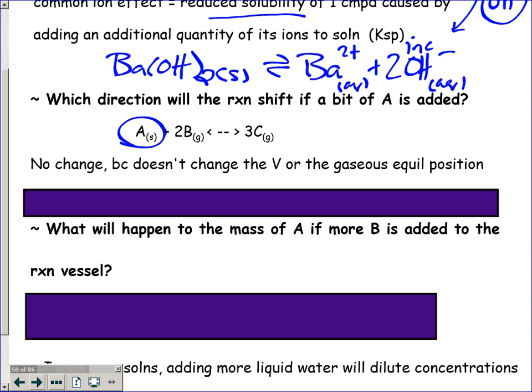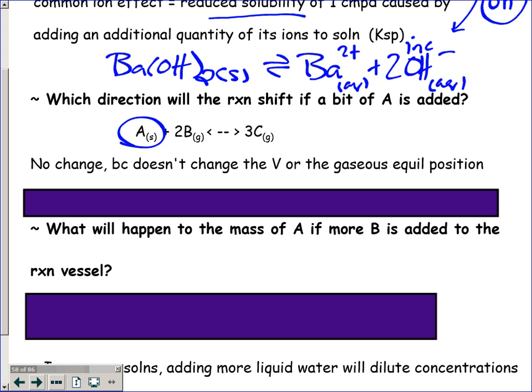Come on. Okay, Kui, what are you saying? It'll decrease. Why will it decrease? Because since you have more B, the reaction forward will increase. It would mean A is consumed before it's done. Good. So they're serving as reactants. Therefore, we would consume those reactants.